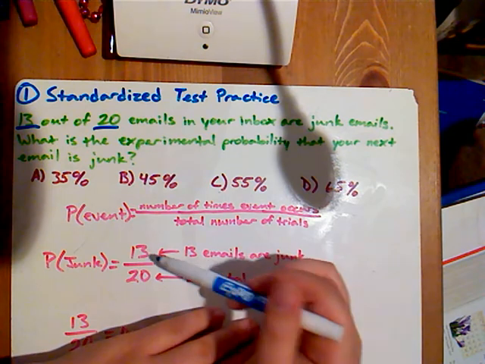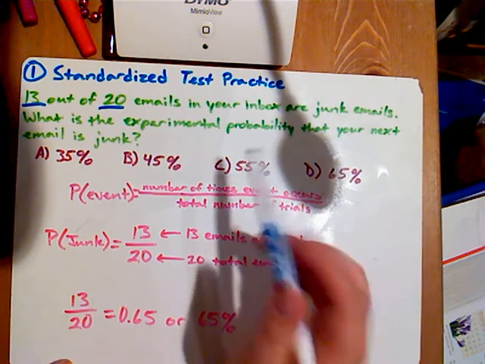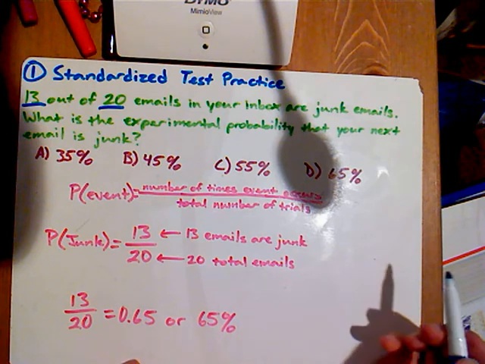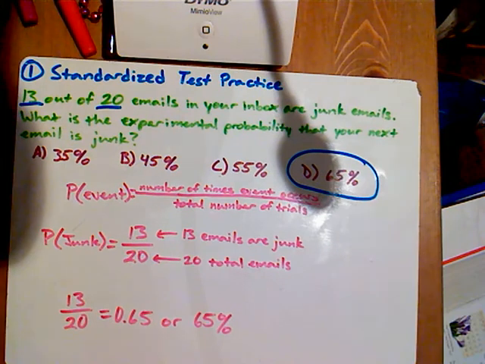So we would have our ratio of 13 to 20. When you divide that, it gives you 0.65 or 65%. And so that tells us that D, 65%, is the answer to this problem.